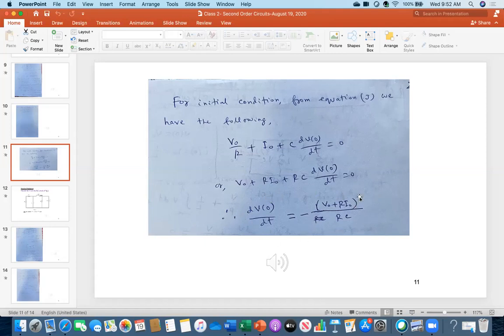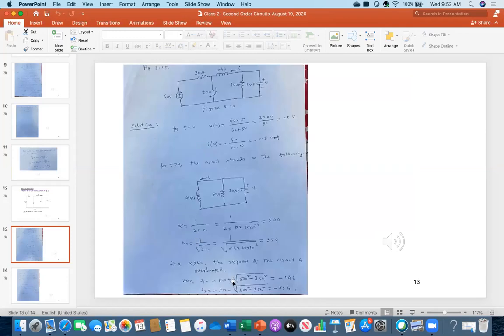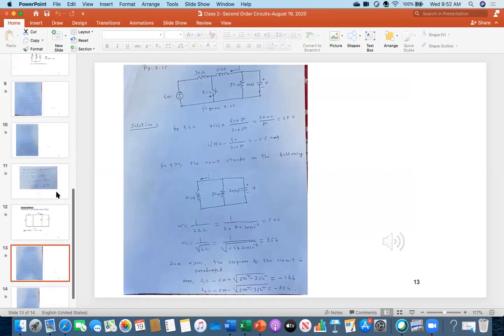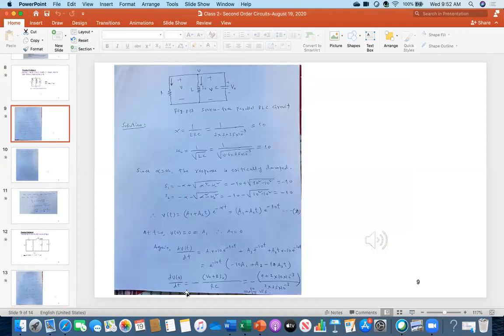Either you can remember it or you will take note of it, you don't need to derive it because I derived it. Everybody see this one? This one actually I put here. Yes, this line. Everybody come back, that dv naught by dt minus. So from there I got this one. Everybody, could you follow me?